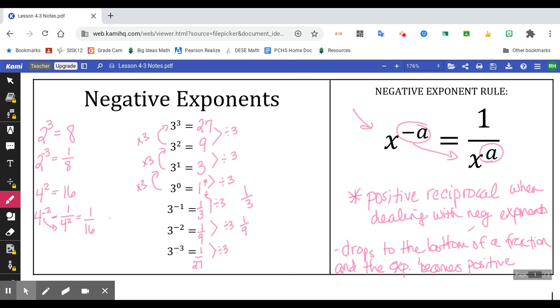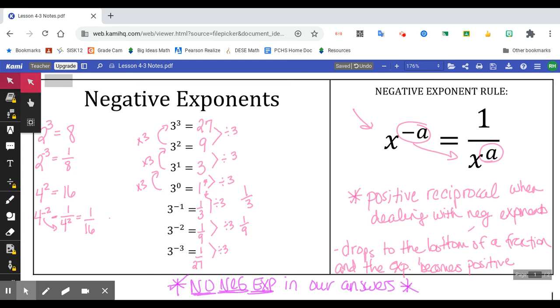Okay, so ultimately, when you're solving these, you will never ever have a negative exponent in your answer. So I'm going to put that in here too. Okay, big star. No negative exponents in our answers. Because if you're simplifying them, they should drop to the bottom and become a positive. No negative exponents in the answers.